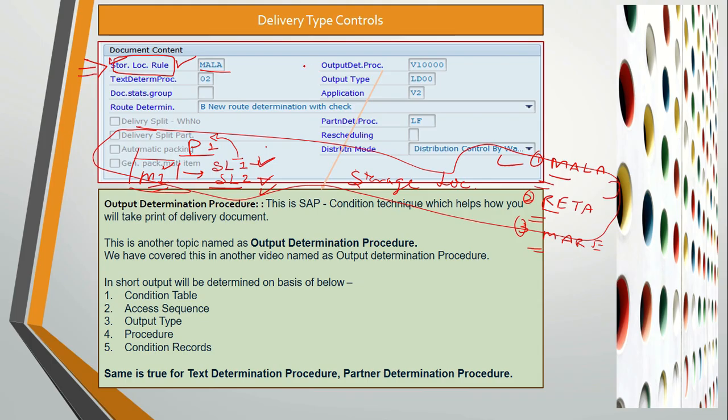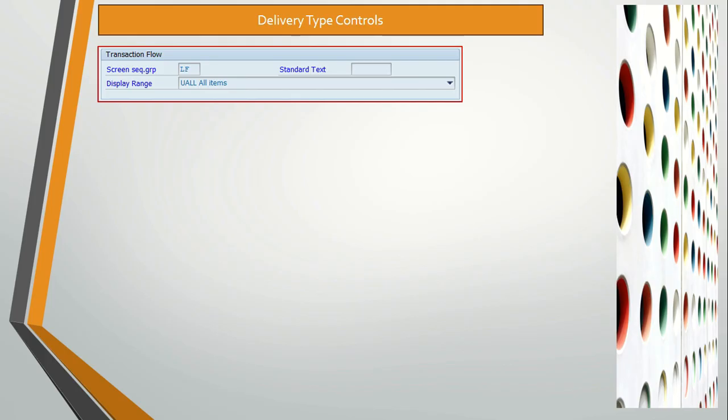Now there are other rules like the output determination procedure and the text determination procedure. These we will cover in another video, which will be delivery type control part 3.